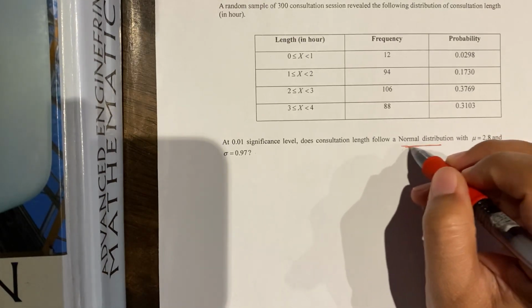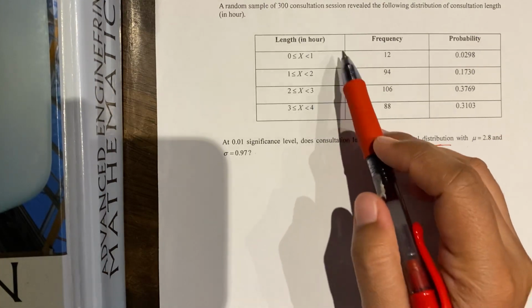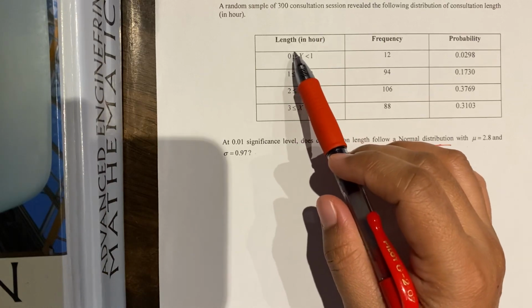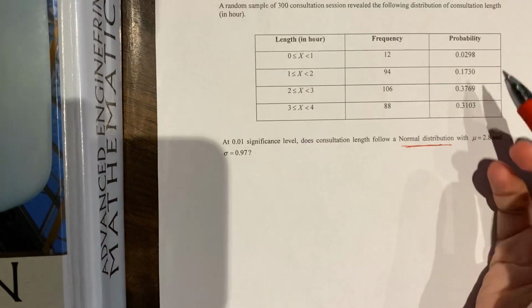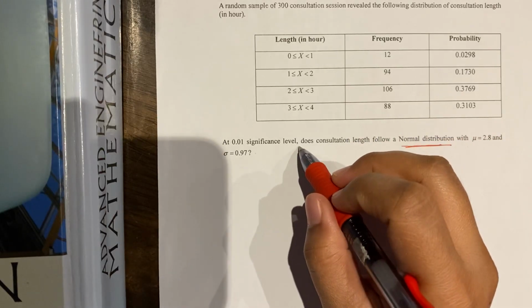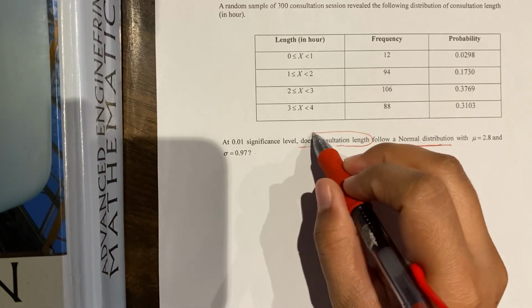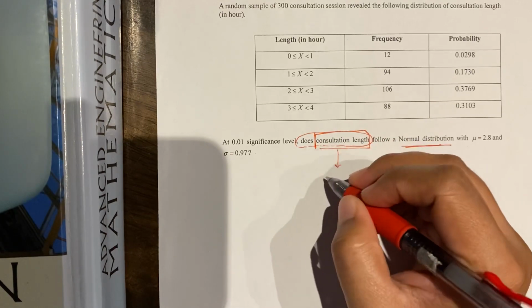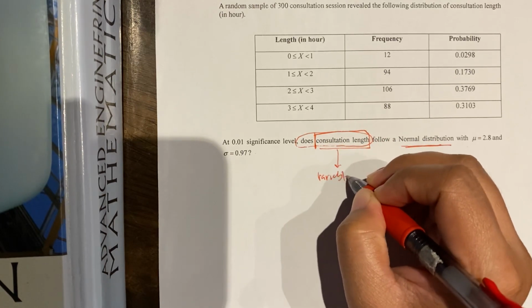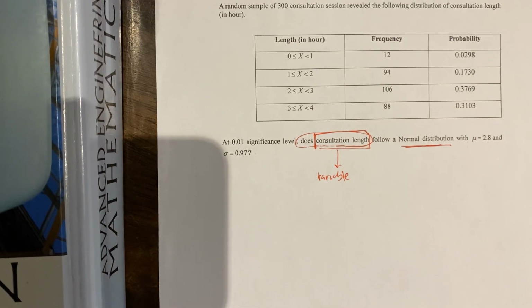So normal distribution, that's why you are given the category here in the form of intervals. The consultation length is the variable, the data that is being collected here.